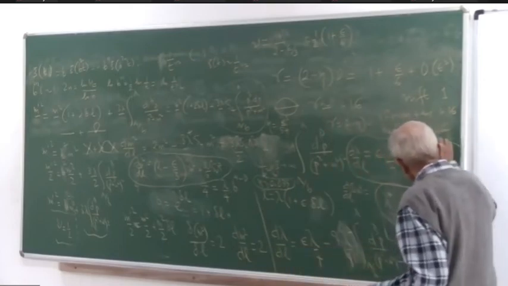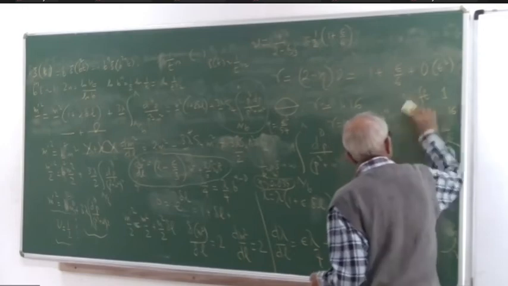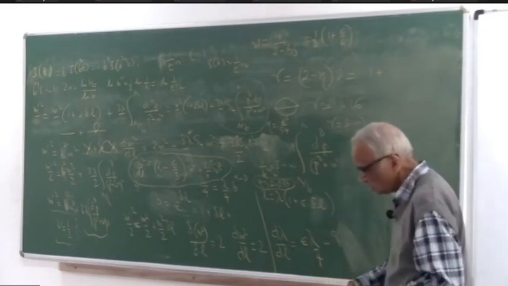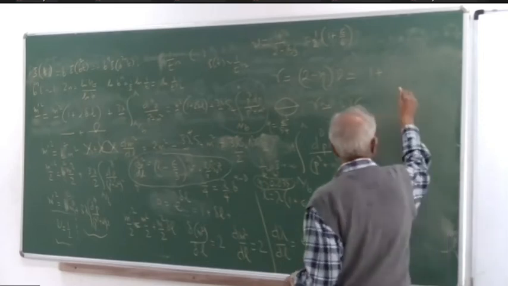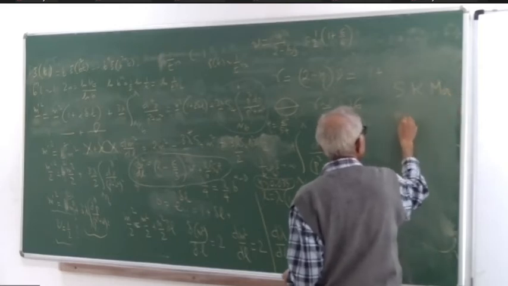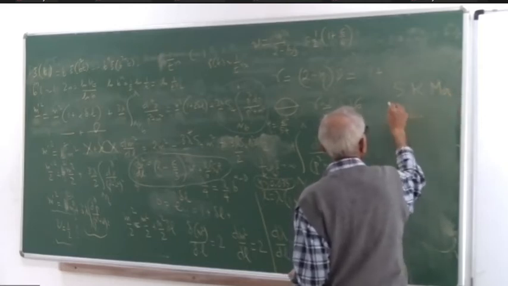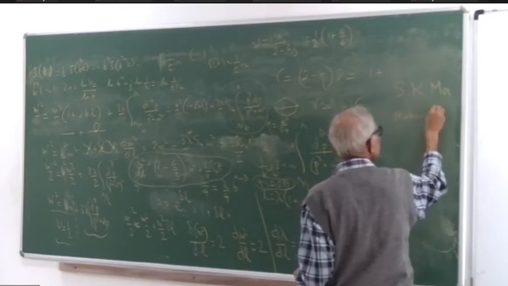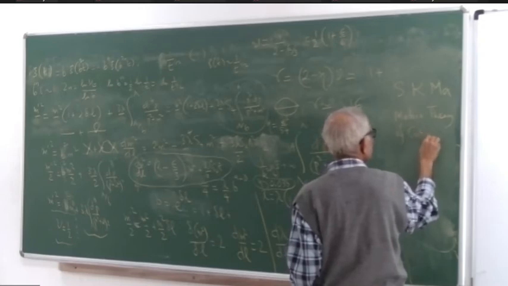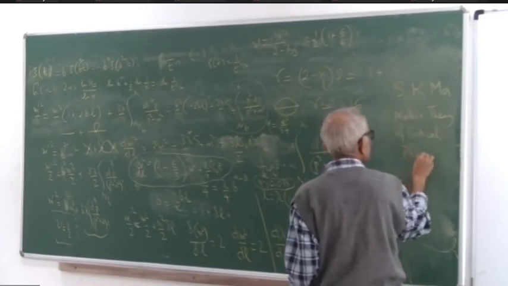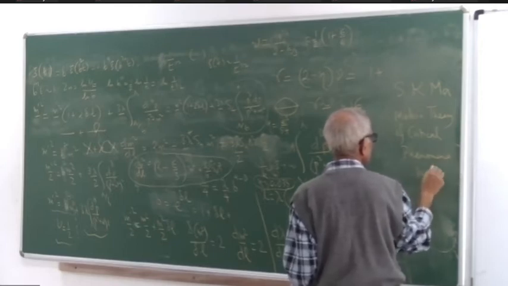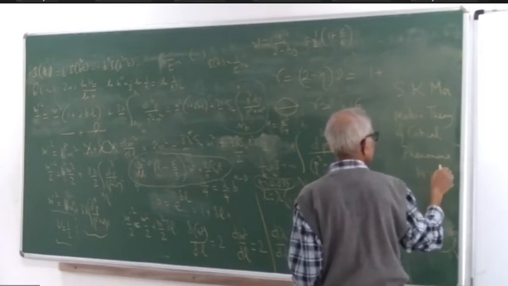The place where it's done in great detail is Ma's Modern Theory of Critical Phenomena, which is more than 50 years ago, that came in 1973, I think, 73, 74, something like that.